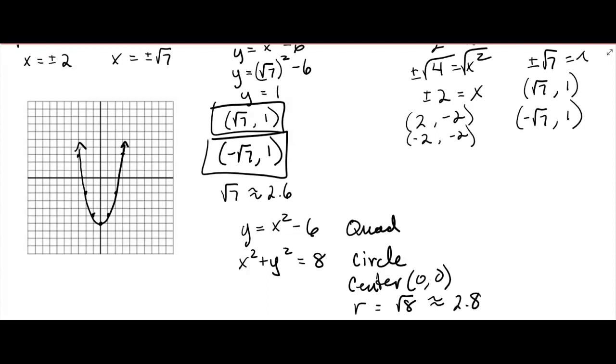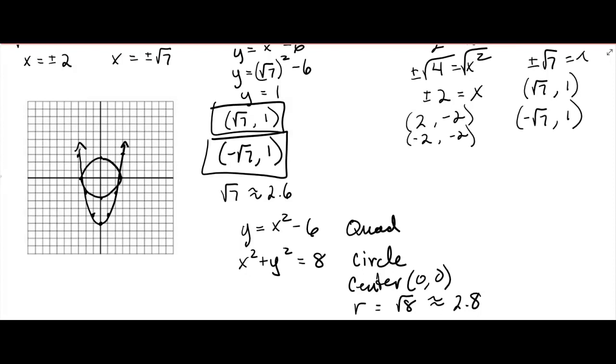Now that's going to be a little bit hard to graph. So it's not quite 3 in each direction. So there's the circle, and it kind of looks like that. It's really hard to see that it intersects at 4 points.